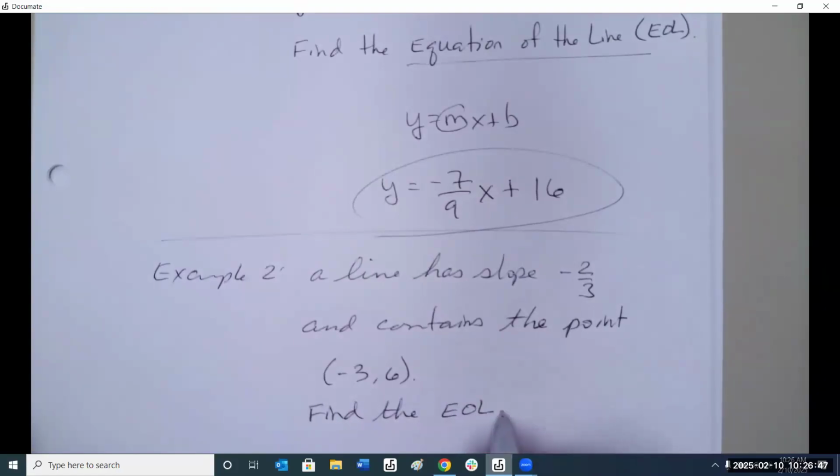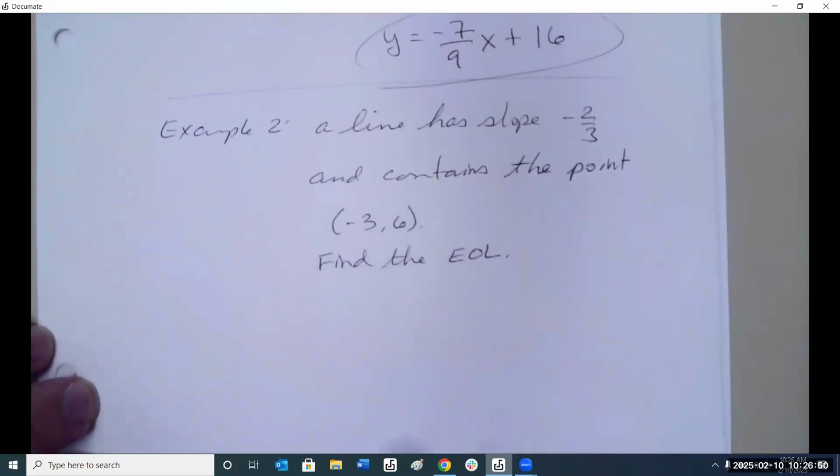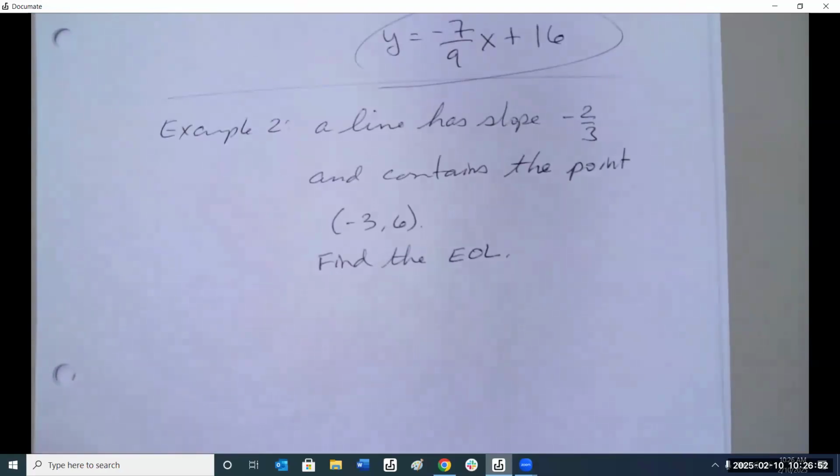Find the EOL. I'm going to show you two ways of doing this one.